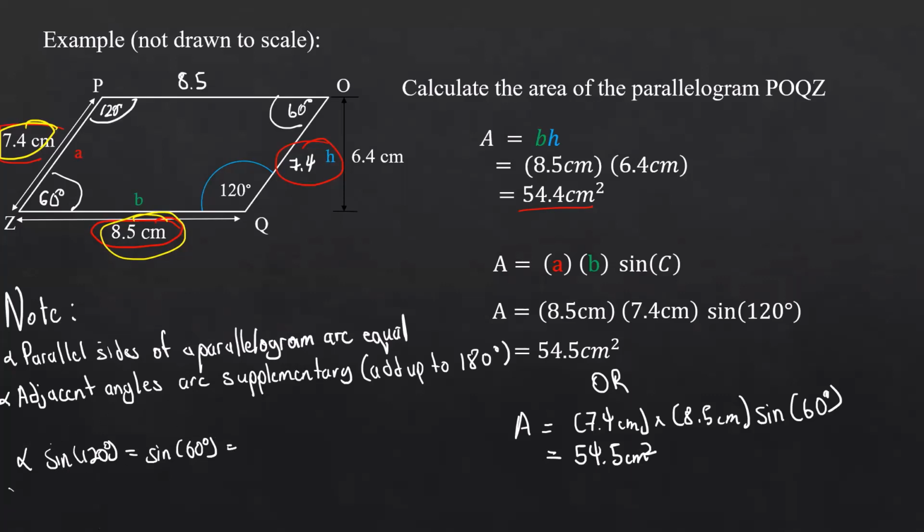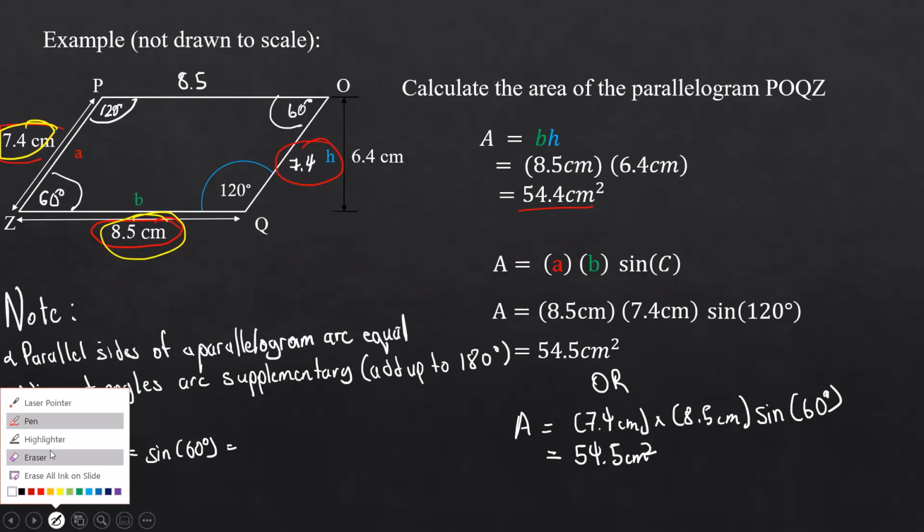So because sine 120 and sine 60 give you the same number, it didn't really matter whether you put 120 or 60 over here. And that usually happens when you're looking at supplementary angles, right? You will see that pop up when you look at supplementary angles. But I'm taking you to another level that you don't need to know at CSEC. So let's just forget about this.